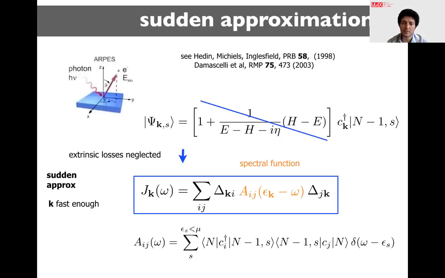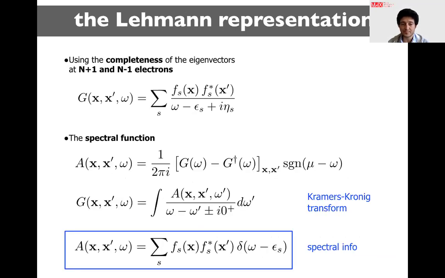So if we go back to our problem of giving a theoretical description of photoemission, we were writing the photocurrent in this form involving the spectral function. And indeed, the spectral function exactly involves the Dyson orbitals.